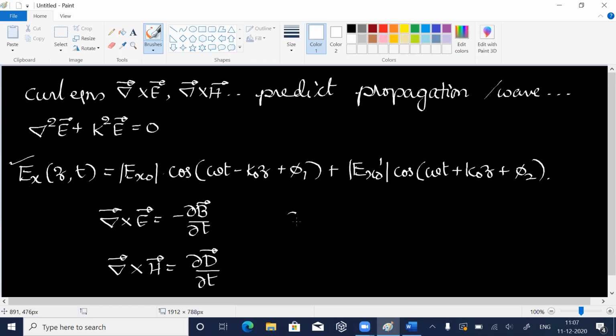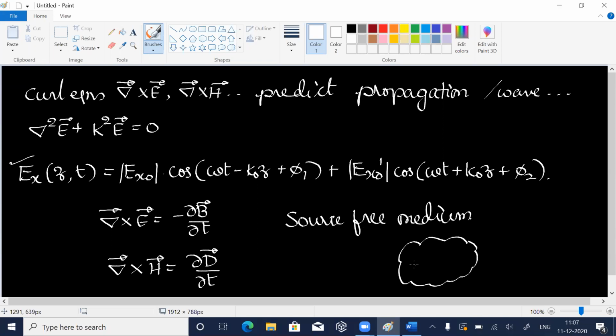So we assumed a source-free medium, and then we constructed Maxwell's equations like this. There is no J_c here. Conduction current density is missing because I want to show propagating waves in a source-free medium.